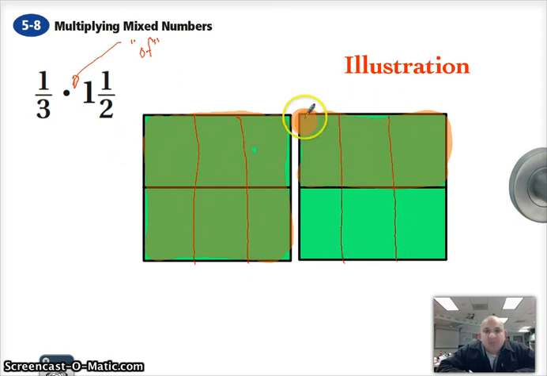So now we've got both of these squares divided into thirds, and I'm going to take 1/3 of each of these figures. So I'm going to take yet another color. Take 1/3 here and 1/3 here.